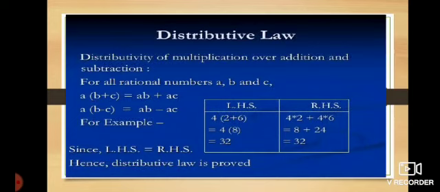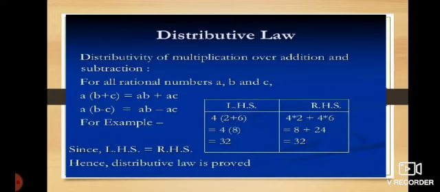Next one is the distributive property. Here you have two formulas: a into b plus c is equal to ab plus ac, and another formula for subtraction, a into b minus c is equal to ab minus ac.